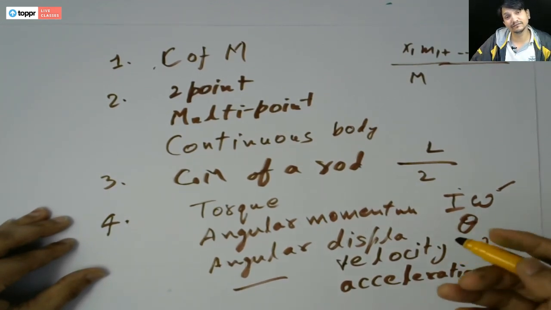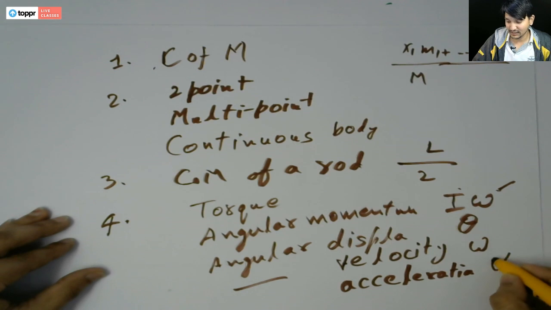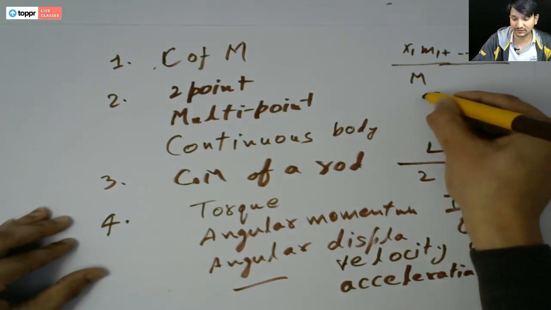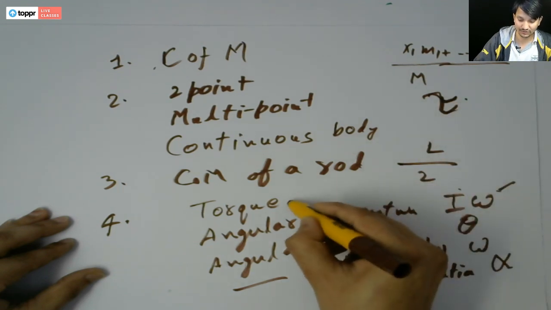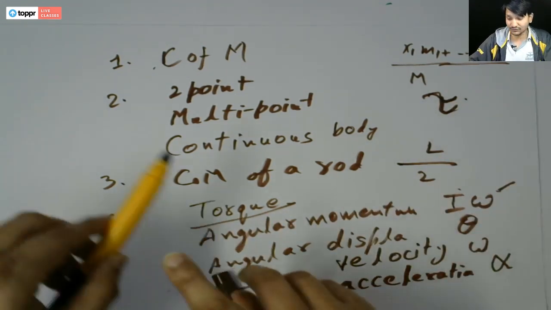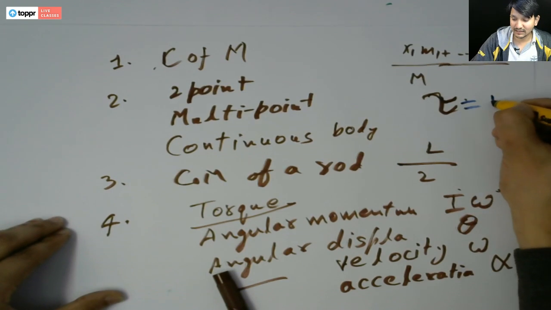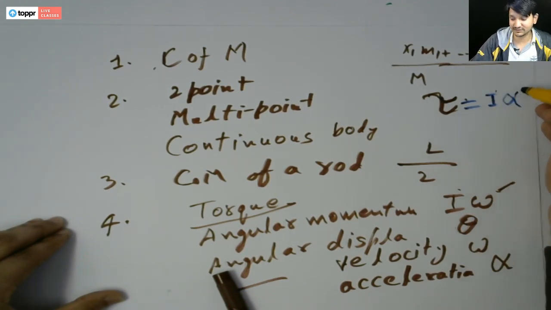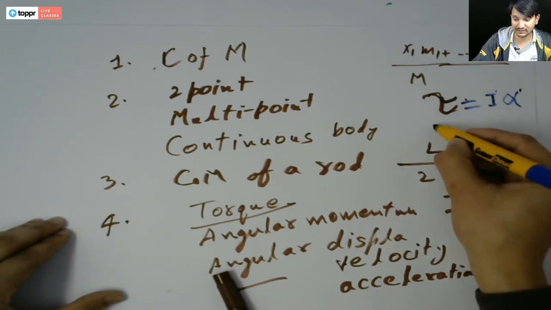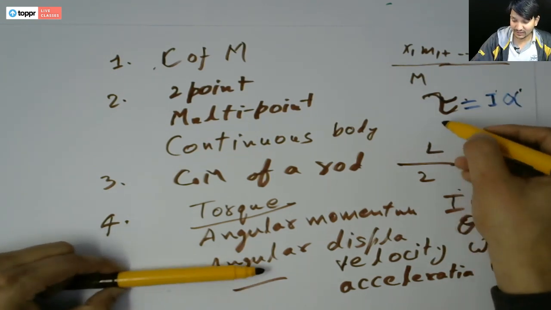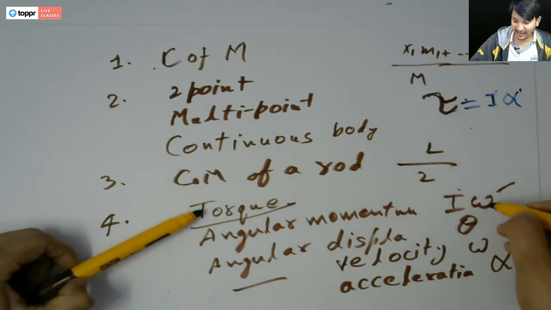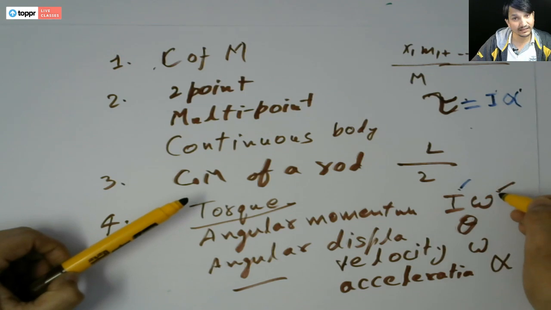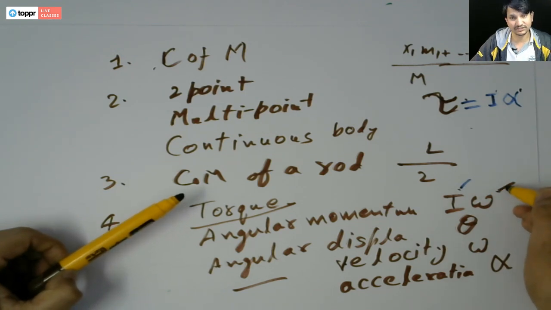Angular acceleration, we give a notation alpha, and we also came to know that torque tau is equal to I alpha, moment of inertia times angular acceleration. Again, angular momentum is equal to I omega, moment of inertia times angular velocity.